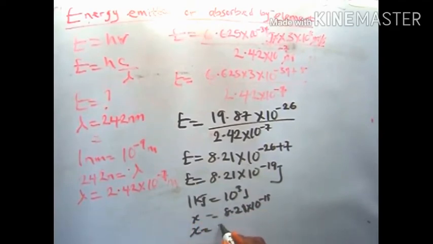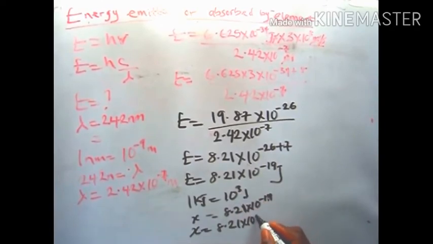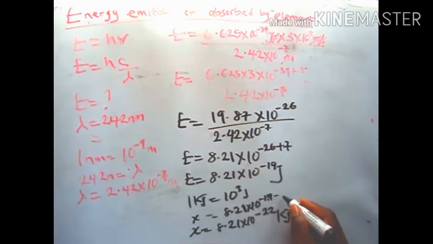That's 8.21 exponential minus 19 plus 3, so you have minus 22 kilojoule, because when this is divided by this power here, it will be minus 3, so it will now be minus 22. So this is your answer in kilojoule.